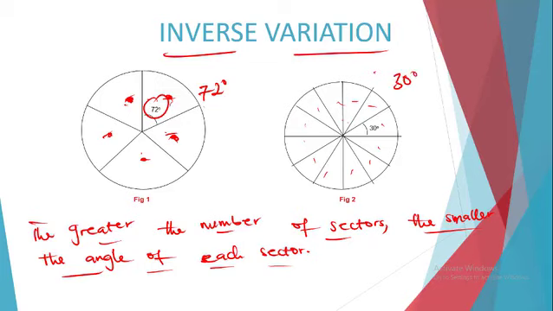So as the sectors increase, the angle in each sector reduces. Now that relationship is what we call what? Inverse variation. That relationship that as one is increasing, the other is reducing, that is what we call inverse variation. Okay, let's take some examples on this inverse variation.